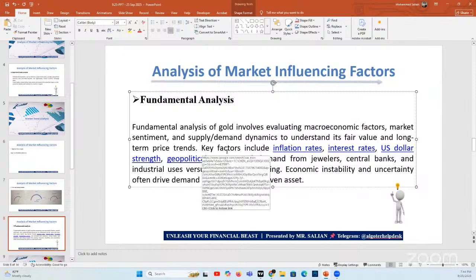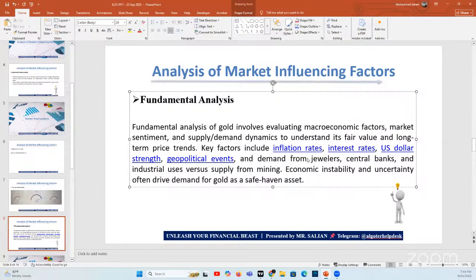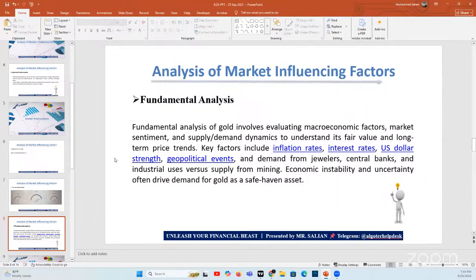Now, all this, my friends, just for gold. Understanding all this on a daily basis will, I don't know, drive you crazy, perhaps. But these are the matters we have to deal with, especially if you are a professional trader working with big institutions.